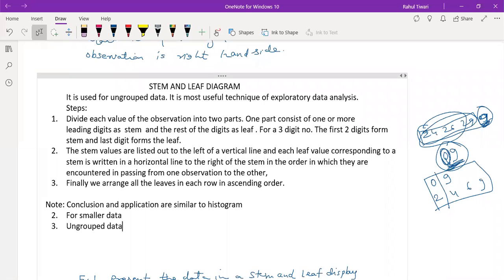So when data is smaller or data is ungrouped, then we can go for stem and leaf. If the data is larger and data is grouped, we go for histogram. Make sure you don't forget this.